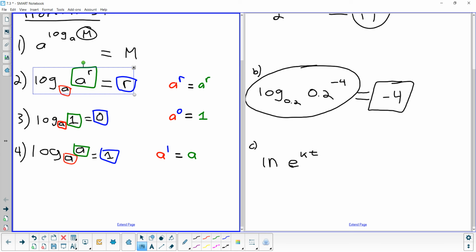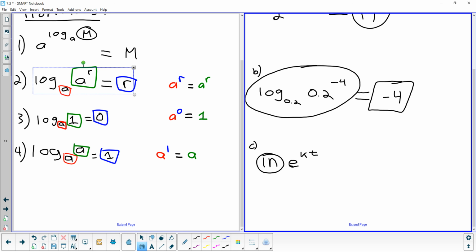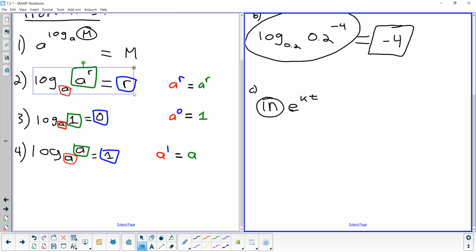How can we rewrite this to make that a little more obvious? What's the long way to write out ln? Log, how do you say it? What's the e? It's going to be my base.